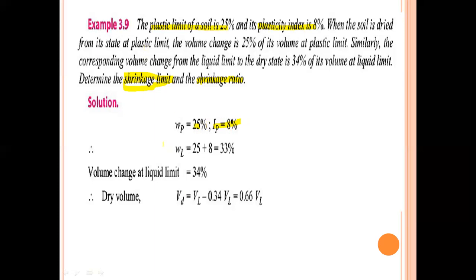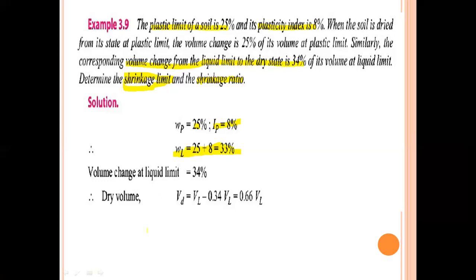WL is 25 plus 8, that equals 33%. So it is the volume change in liquid limit 34%. So here give the volume change from liquid limit 34%.